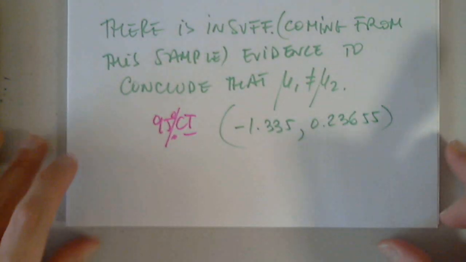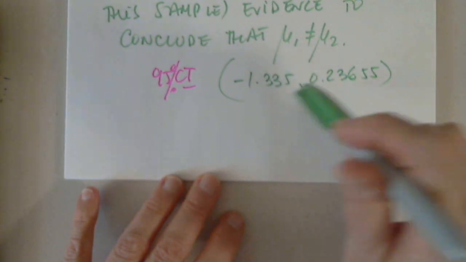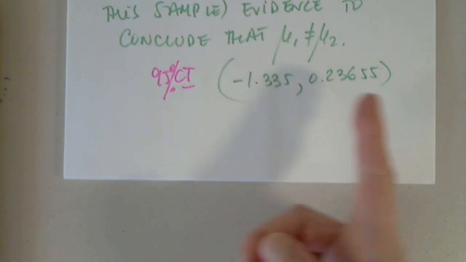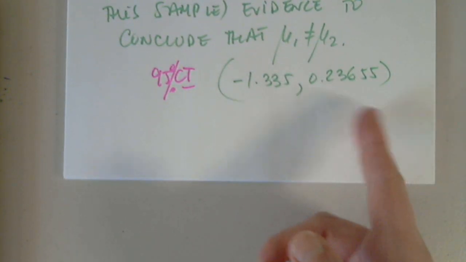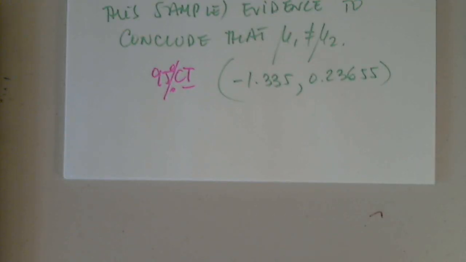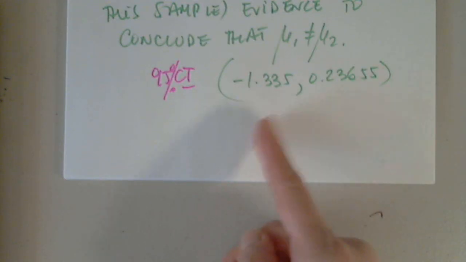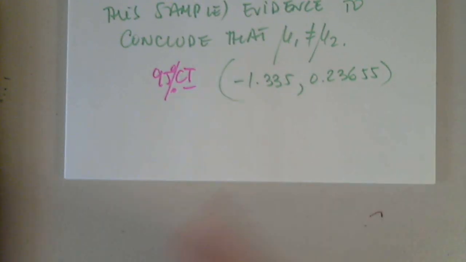As you see, it has negative values and positive values, which means it has 0. 0 is between the lower limit and the upper limit of the interval, which is consistent with what we found.